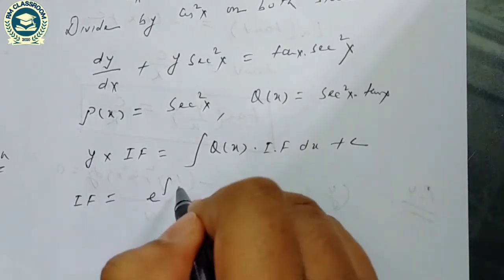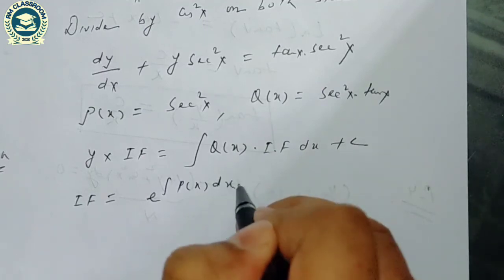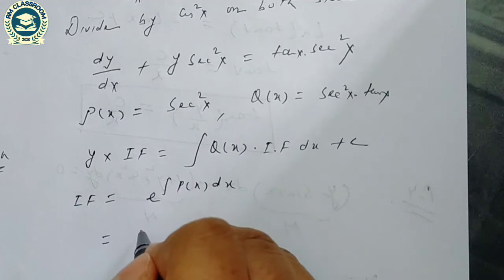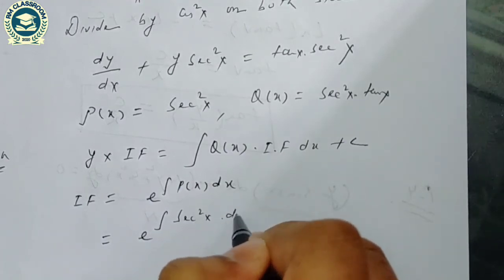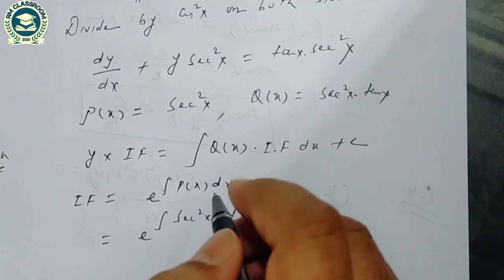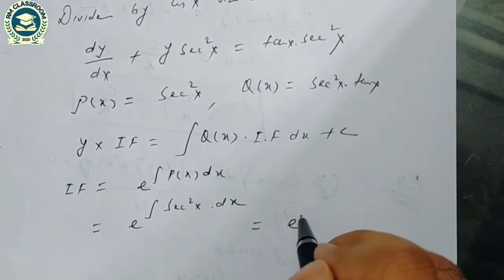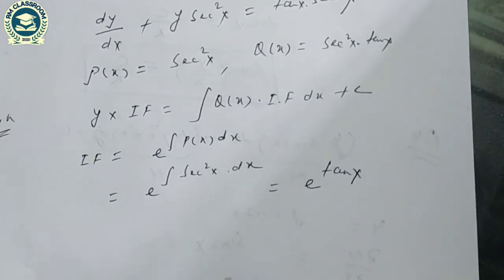e to the power integral of P(x) dx. So the integrating factor is e to the power integral of sec²x dx, and the integration of sec²x is tan x. So e to the power tan x is the integrating factor.